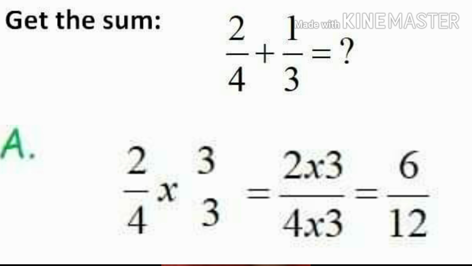So how would I turn 4, my denominator, the bottom number, into 12, which is the LCD? You are right. You need to multiply this one by 3. And since you are multiplying 3 to the denominator side or the bottom part, you need also to multiply that same number 3 to the upper number, which is our numerator, the 2.